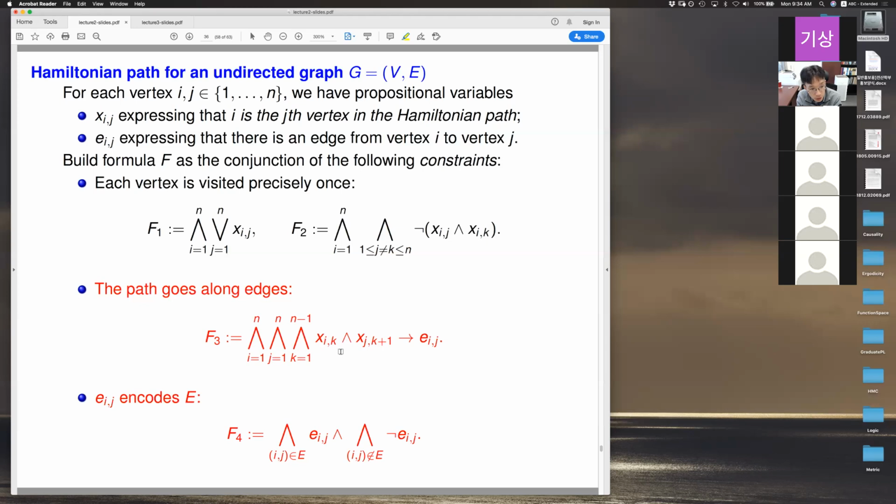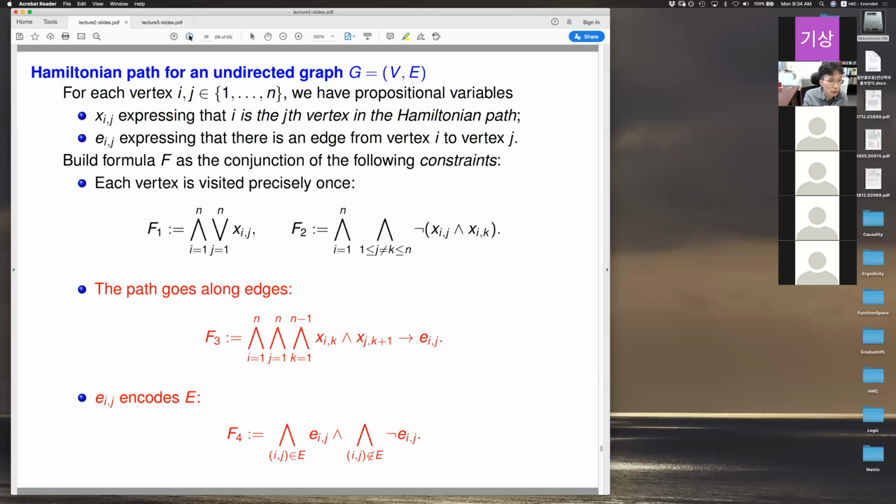So this path always goes along the edges. It never goes outside of the edges. That's how we express this F3.